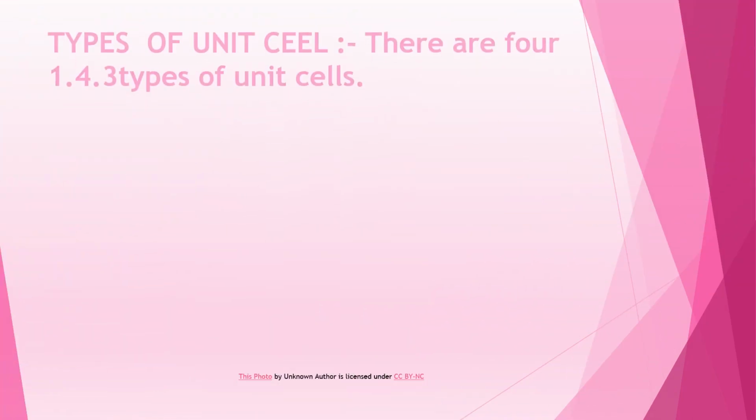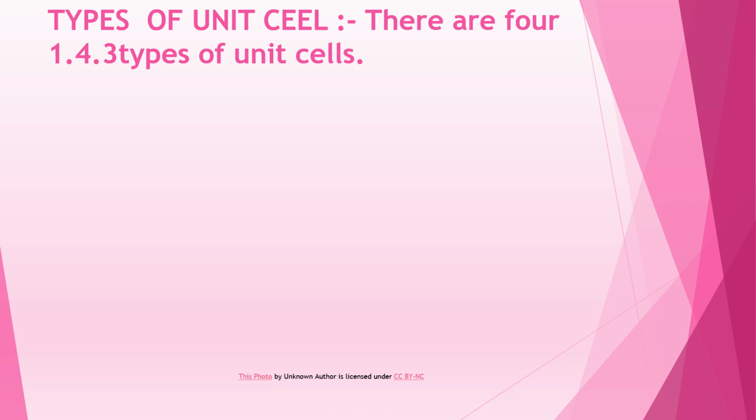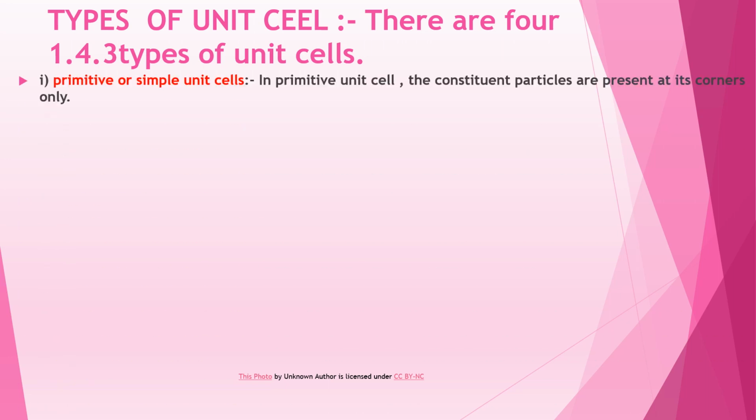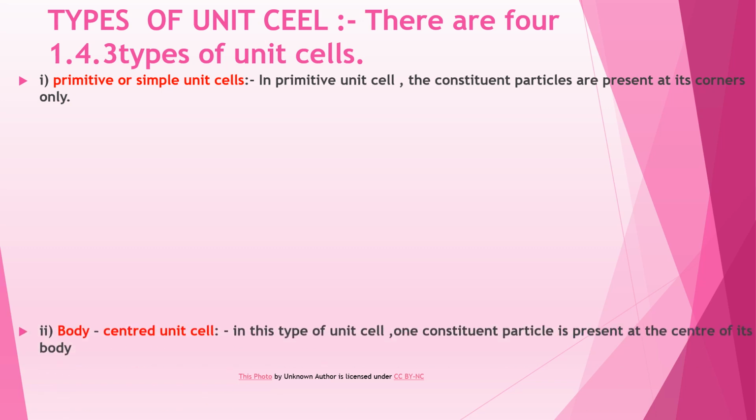Next one, types of unit cell. There are four types of unit cell. First, the primitive or simple unit cell. In the primitive, simple or simple cubic unit cell, the constituent particles are present at its corners only.